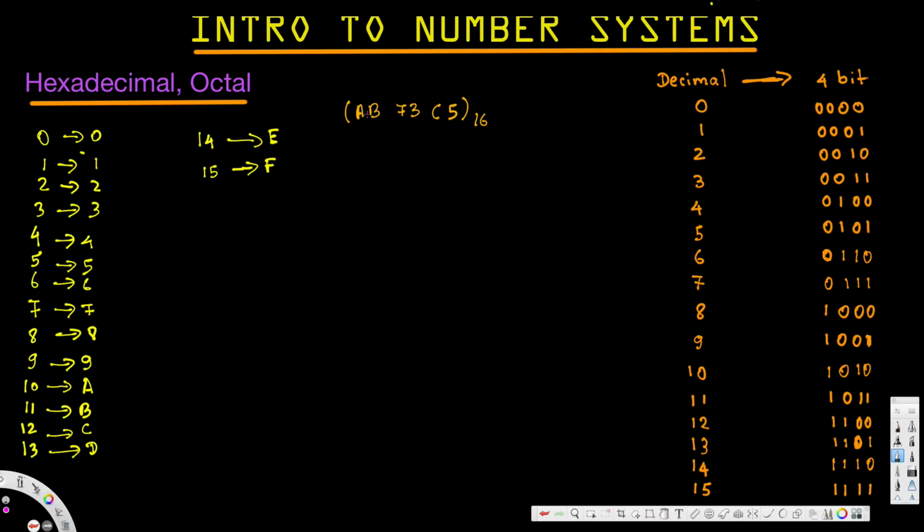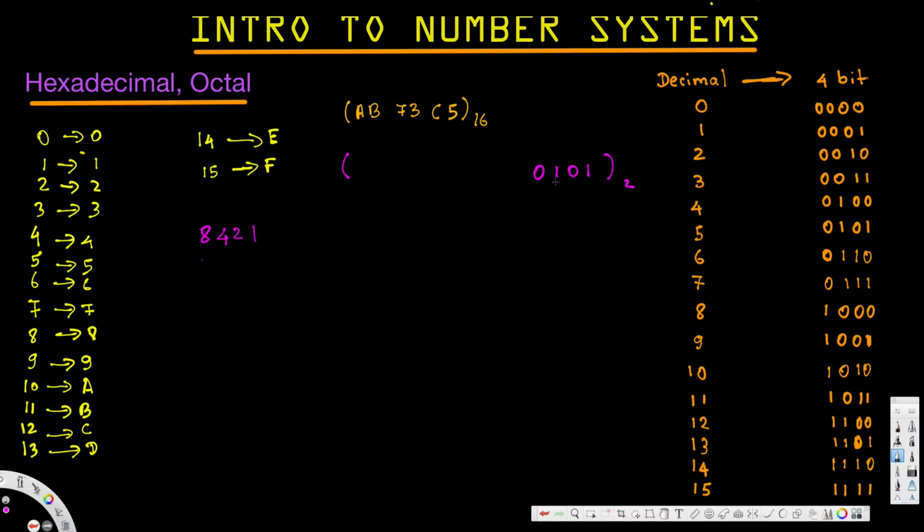Let's start from the backward. So 8421, this is what we have to look at. In order to get 5, what do we have to have? We have to have a 4 and a 1. Let's directly write this here in base 2. So 0 1 0 1.